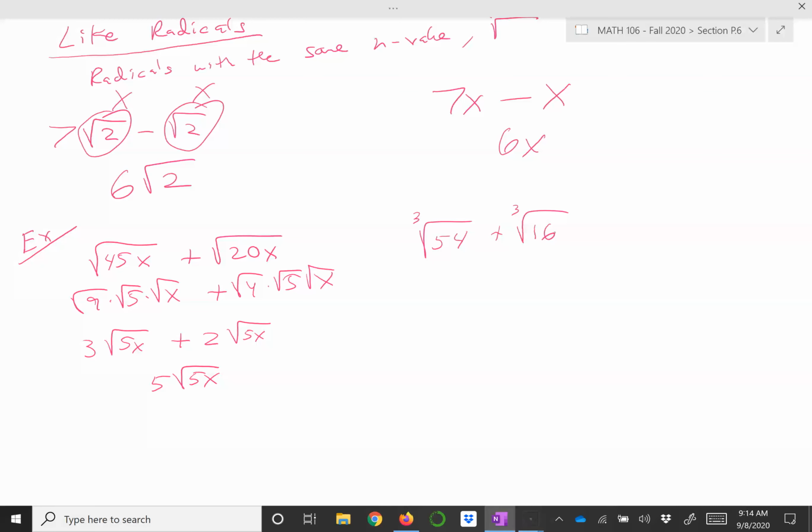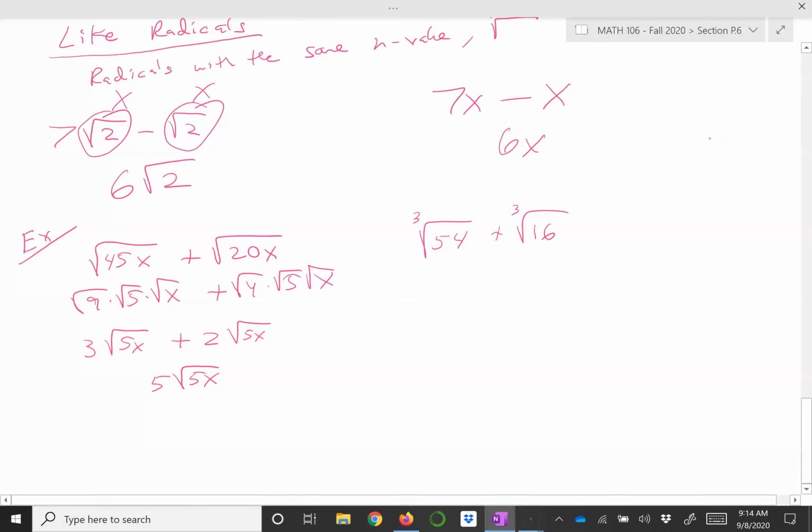Now, typically, well, not typically, in these problems, if you simplify each expression down to its simplest form, that's where the like radical is going to appear. All right, so let's look at the cube root of 54. How could I split that up? Again, you're thinking about numbers being raised to a power. Now, you can't do the cube root of 54, right? So what are some factors of 54 that have cube roots?